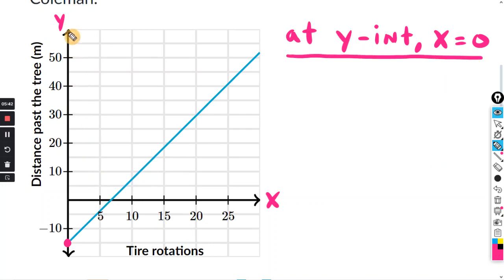If this is negative 10, this here would be negative 5, and this here would be negative 15. Obviously it counts by 5s. At the y-intercept, x equals 0. So at x equals 0, y equals negative 15. And what does that tell us? Well, x is the number of tire rotations. So x equals 0, we can plug in number of tire rotations equals 0.